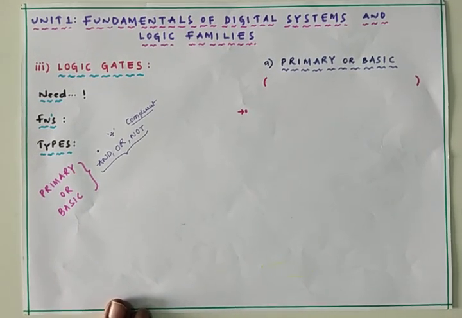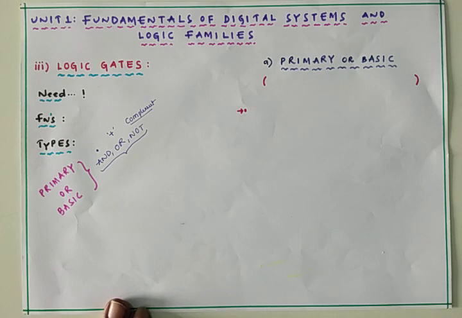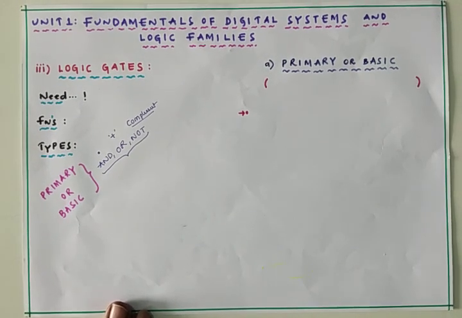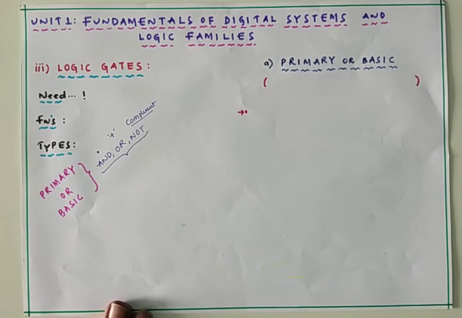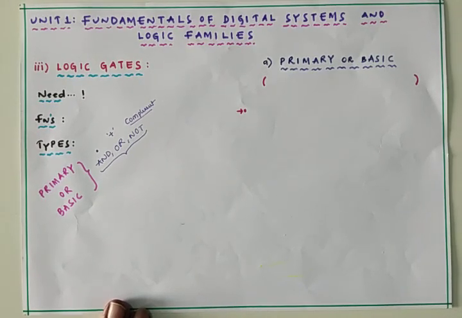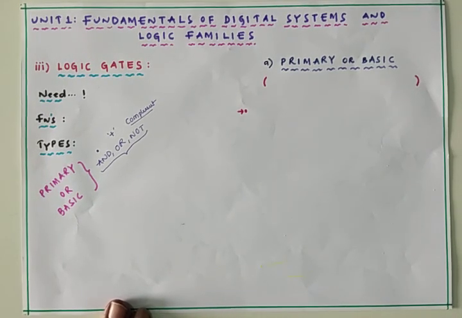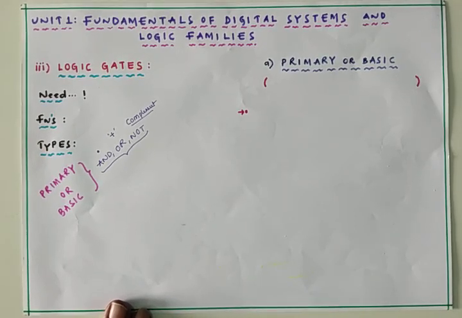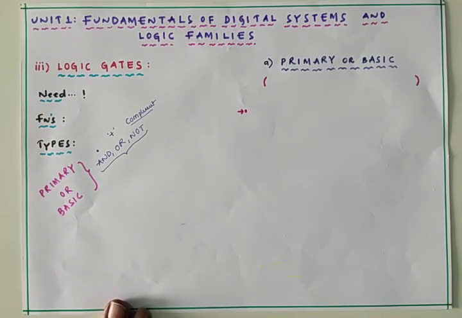That output line provides the output as either 0 or 1 only. Whatever the number of input signals, the output will be driven through only one output line, so the output of any logic gate is 0 or 1 only.